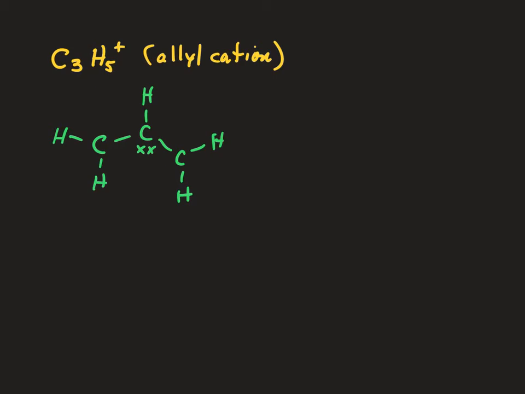So we have a choice now, right? Because this carbon doesn't have an octet, but this carbon doesn't have an octet either. And so we're in a situation where we have to choose. And so we could go left and create this kind of ion with a double bond here.